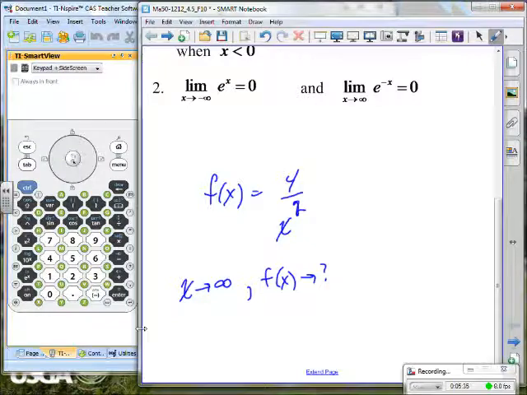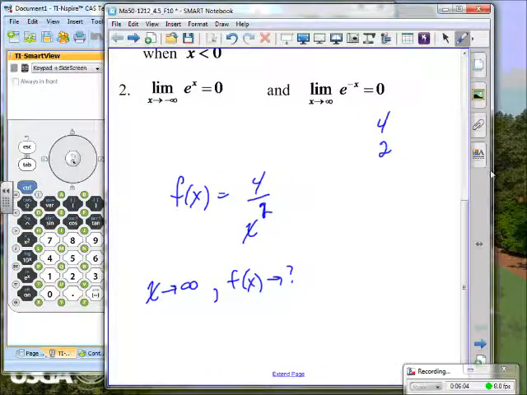We'll say x squared. So it's still 4 if x is 1. If x is 2, the value is 1. If x is 3, 3 squared is 9. The value of the output is 4/9. If x is 4, 4 squared is 16. The value of the output is 1/4.